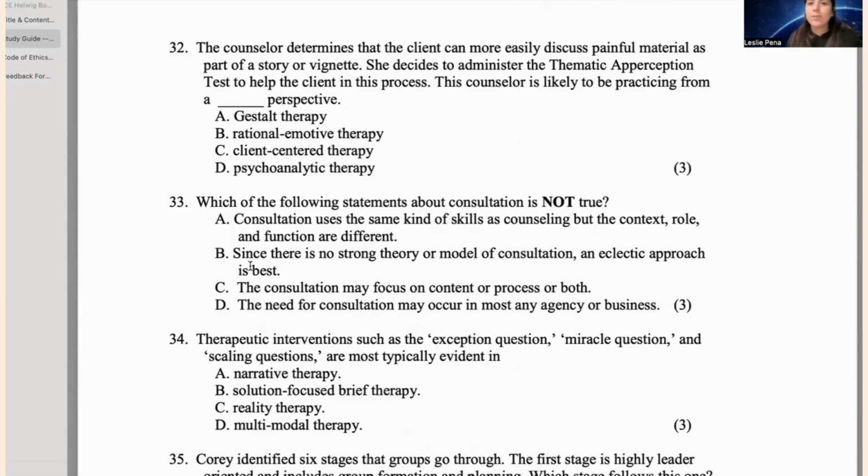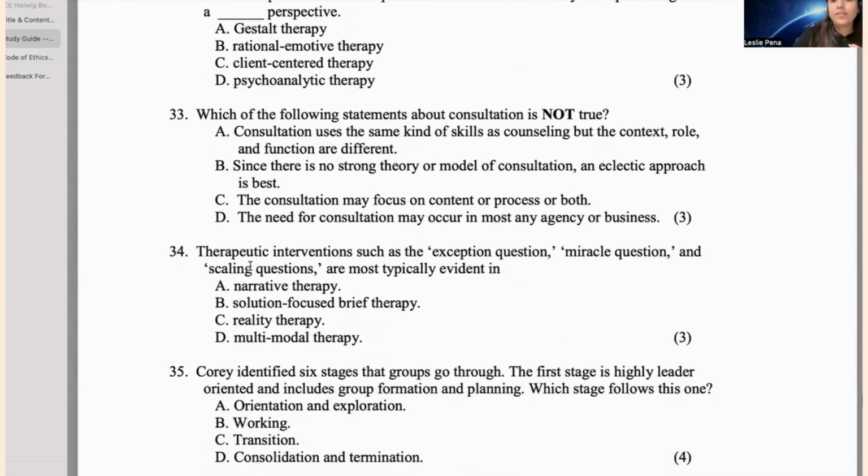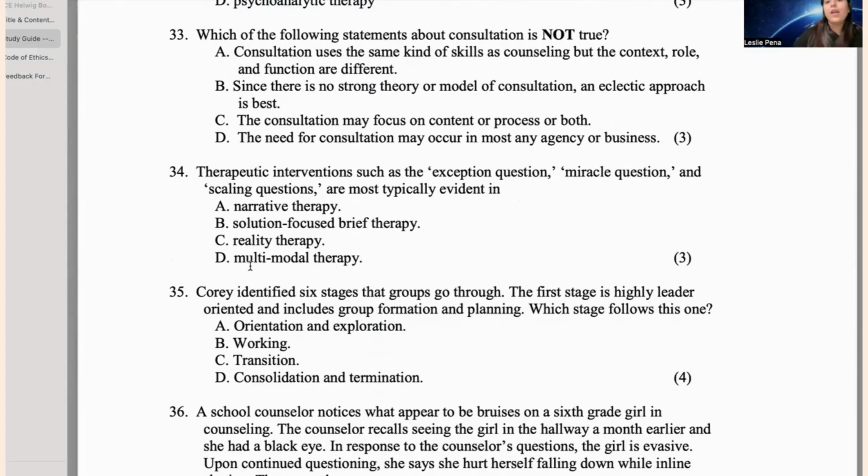So this is simply not true. You can choose your single modality, or you can be an eclectic counselor. You can pick which theory modality you want to follow, which one you agree with the most, or which one you think your client needs. It might work for one client, it might not work for another client. These are just things that exist. Two things can be true at the same time.